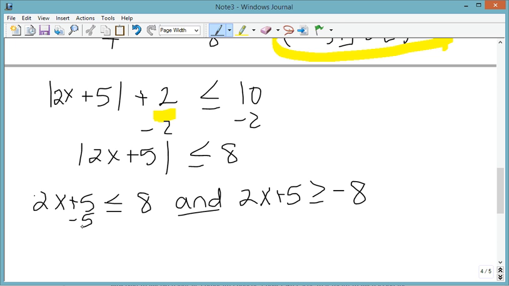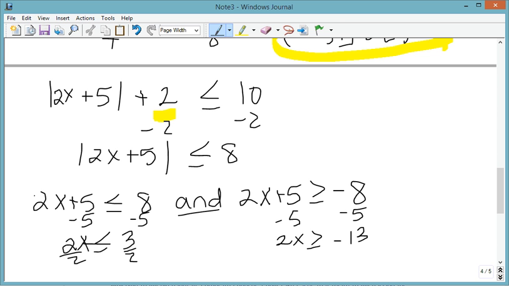So we subtract 5, and we'll divide by 2. So it's x is less than or equal to 3/2, and it's greater than or equal to negative 13/2.